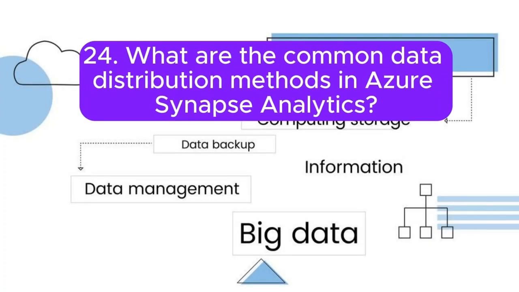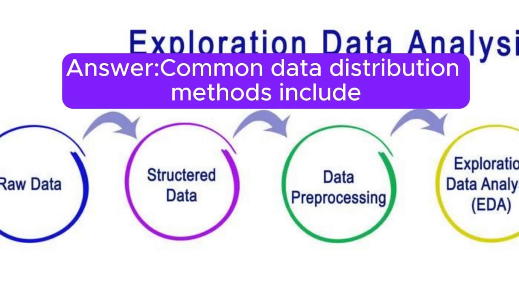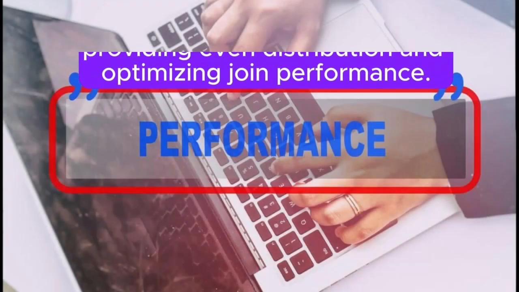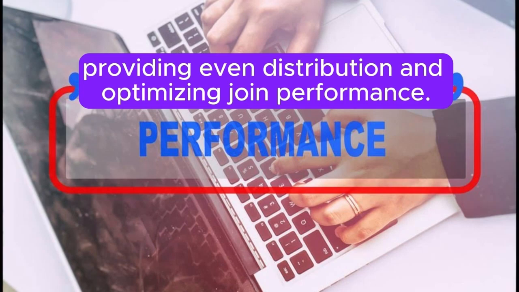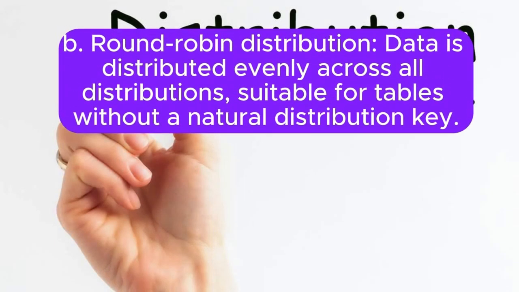24. What are the common data distribution methods in Azure Synapse Analytics? Answer: Common data distribution methods include A. Hash distribution. Data is distributed based on the hash value of a specified column, providing even distribution and optimizing join performance. B. Round-robin distribution.